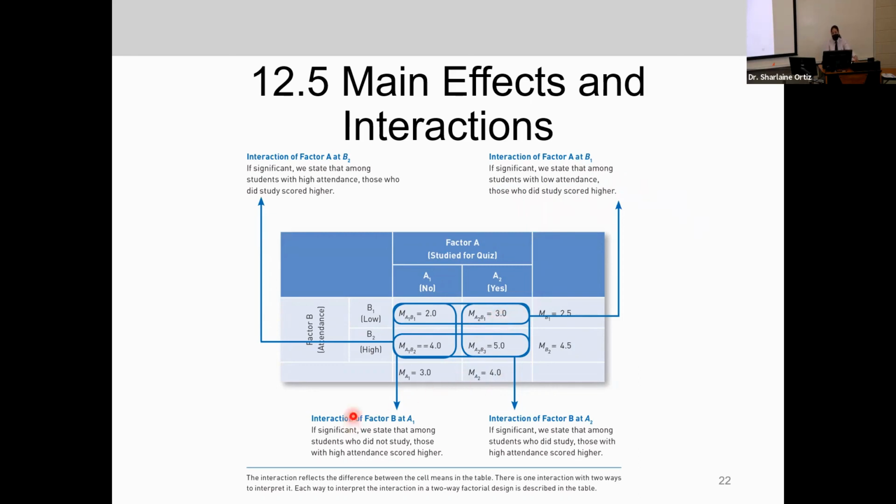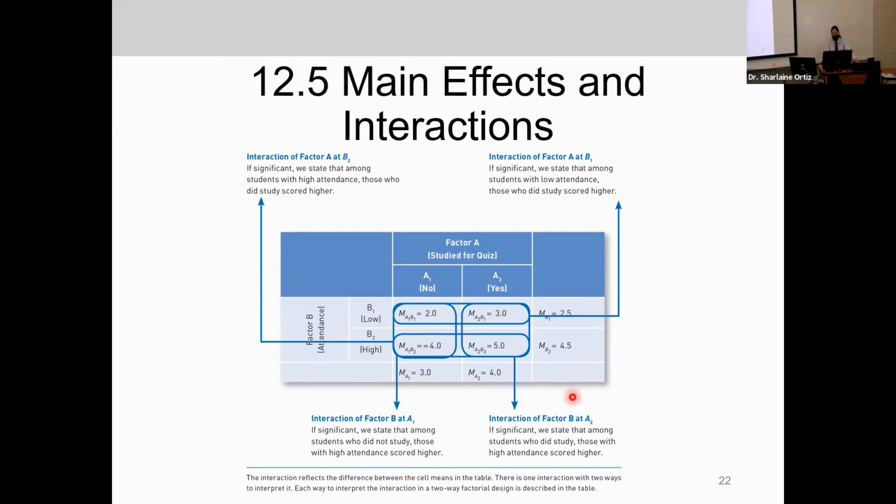Let's look at the levels of factor A. So let's look at factor B and the first level of factor A. If indeed this was significant, what we would say is that amongst the students who did not study, those with high attendance scored higher.